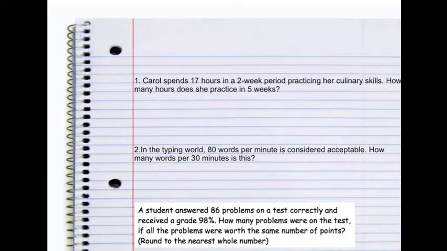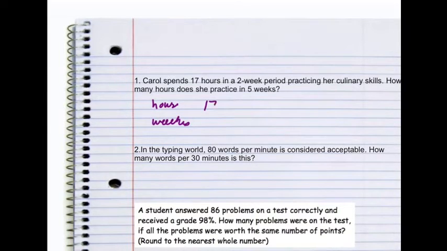So problem number 1 says Carol spends 17 hours in a 2-week period practicing her culinary skills. So she's doing a lot of cooking over the course of 2 weeks. How many hours does she practice in 5 weeks? Well, the way I'm going to look at this problem is I'm going to write a ratio comparing hours to weeks, right?